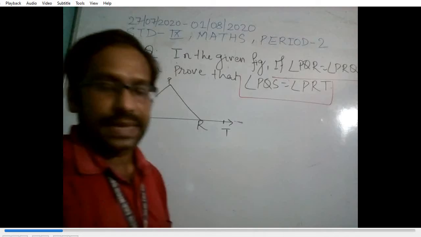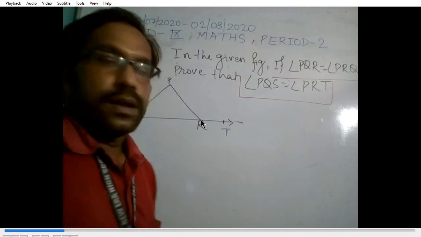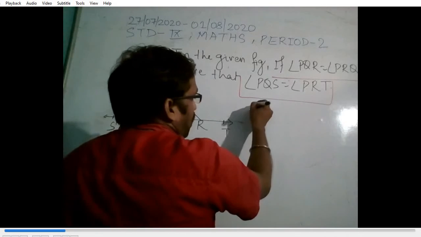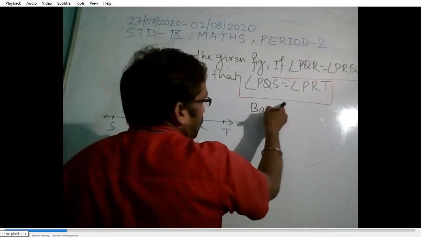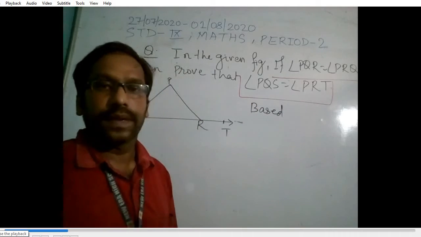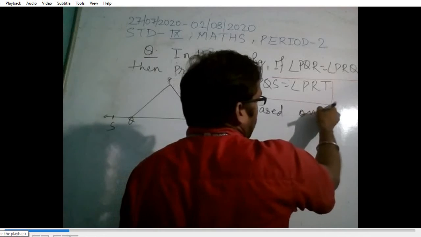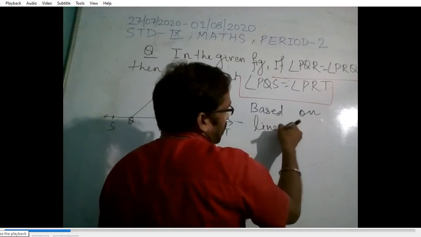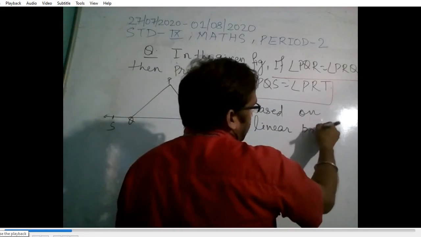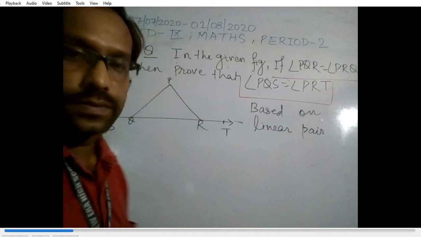Obviously we are going to use our linear pair concept because this is a straight line. This is one ray, this is the second ray.